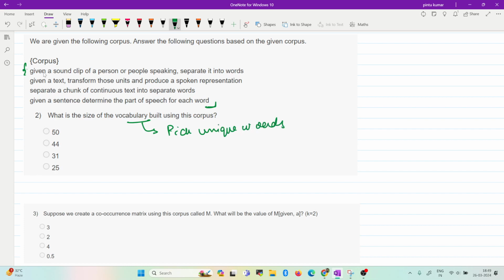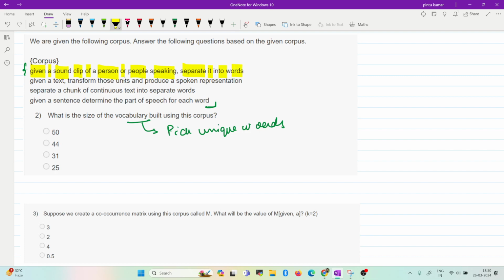So one might try counting it. Let's look at the first two lines. This is given a sound clip of. So what will you include in your vocabulary? You will include given. You will include a, sound, clip, of. Now, a is repeated. We just want unique words. Person or people speaking, separate it into two words.